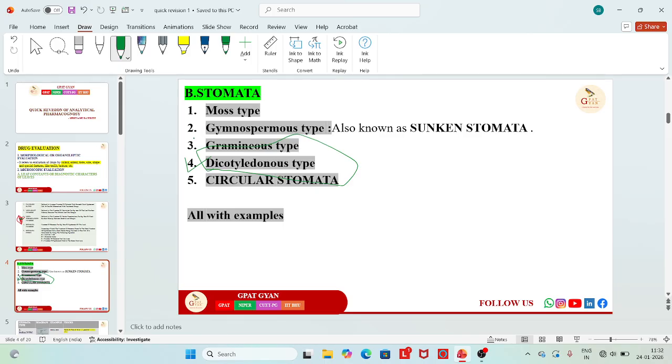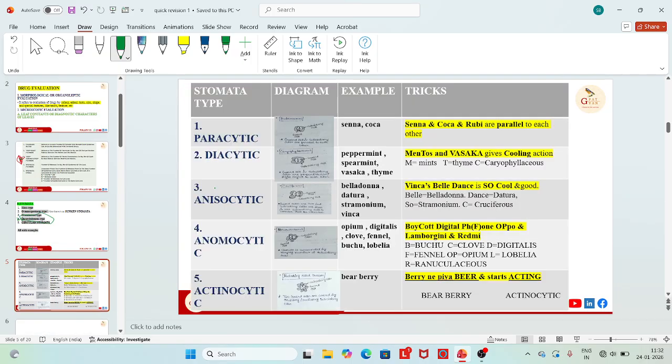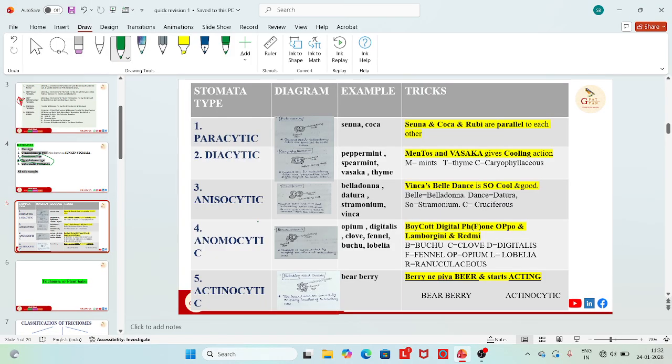For the rest of the characteristics of the moss type and gymnospermous type, check the previous slide that I have already given. For these, just cover the definition and the examples. So the dicotyledonous type stomata is divided into these types.